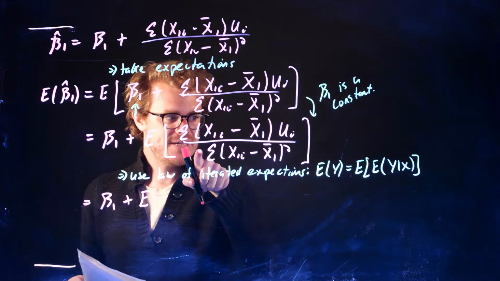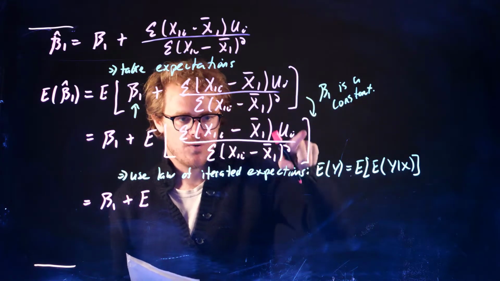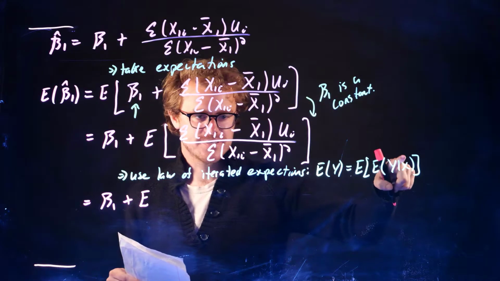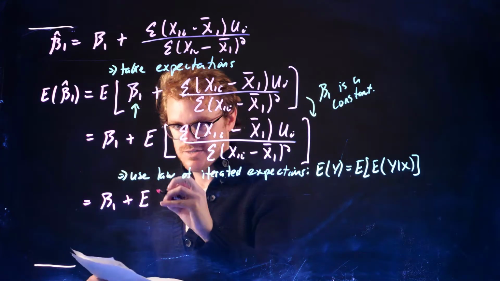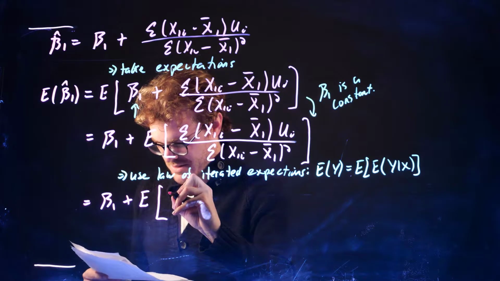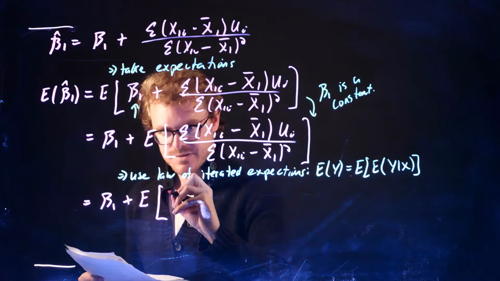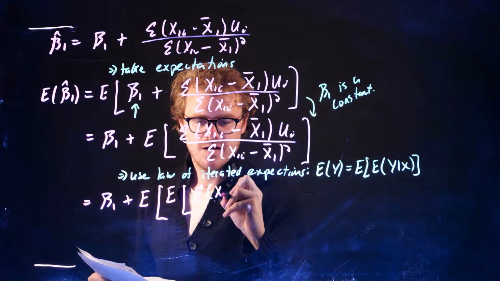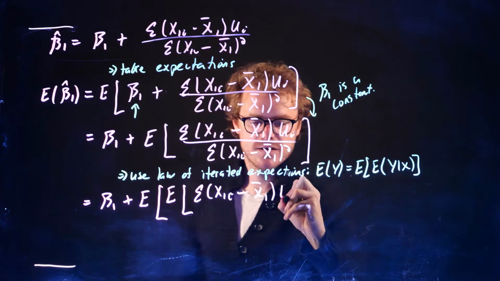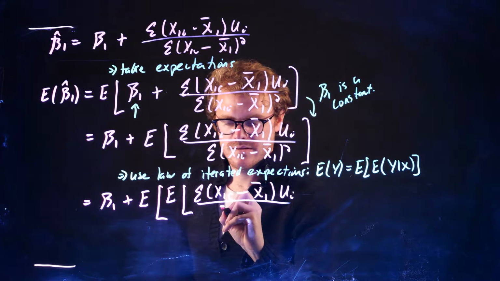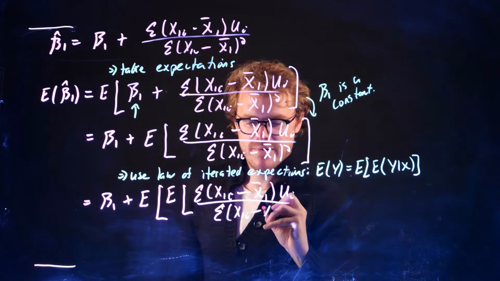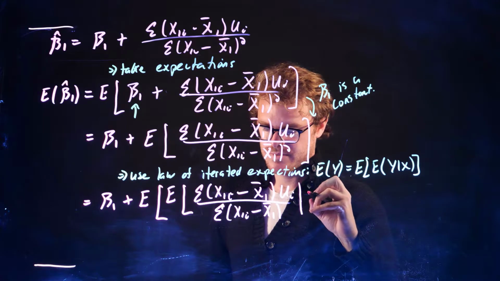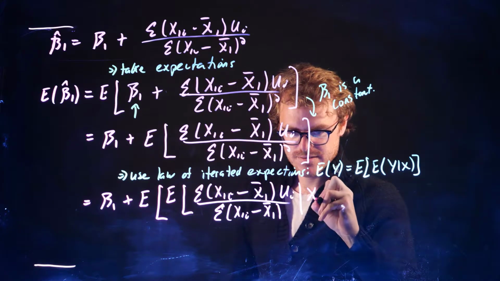So think of this whole thing here as being the y in this expression, and then the x is going to be an x as well. So it's the expectation of the expectation of the sum of (x1i minus x1 bar) ui, given x1.